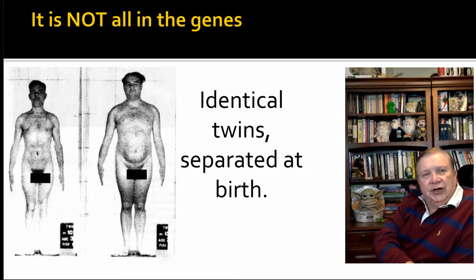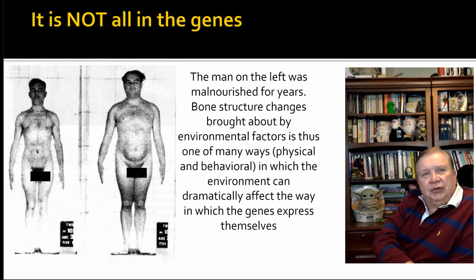Well, these were identical twins. They have exactly the same genes, exactly the same DNA. But one was malnourished for years. This brought about changes in his bone structure, and the environmental factors that this poor guy faced led to these dramatic differences in how the genes could express themselves.